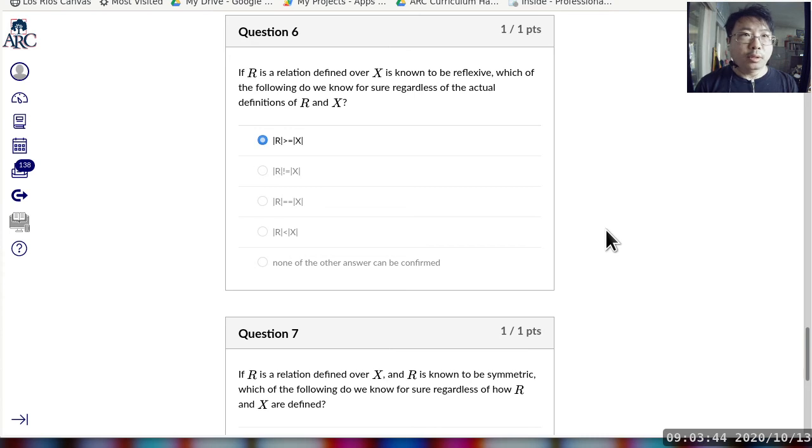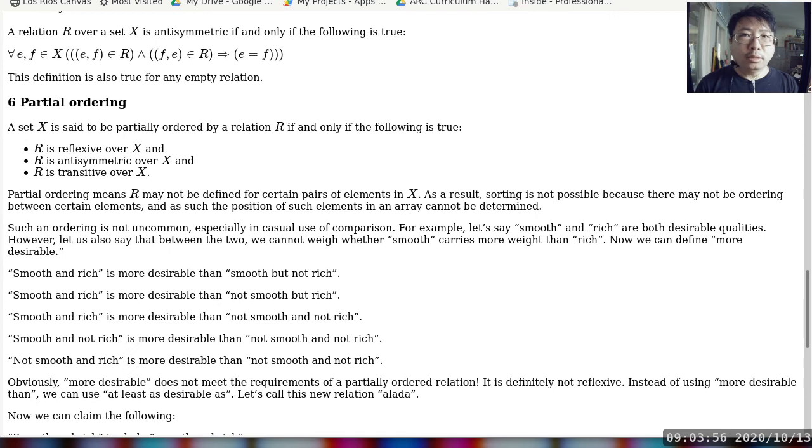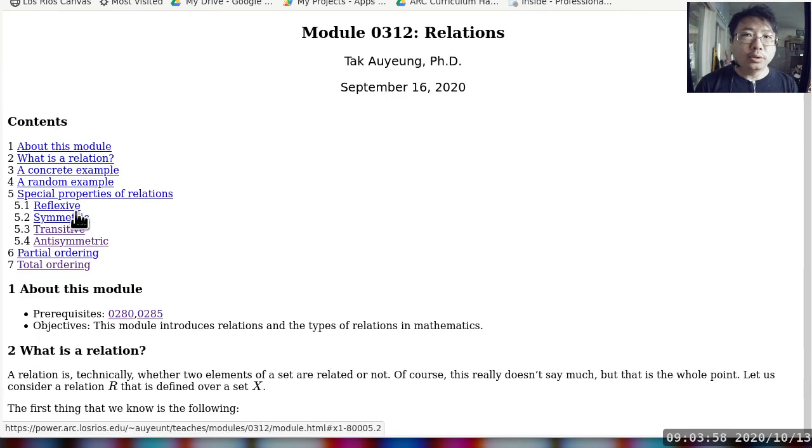All right, so I am going to move on to other things. The only really important thing that I want to re-emphasize at this point is that it is important to understand these definitions. Let's pick one that is a little bit tricky, which is anti-symmetric.